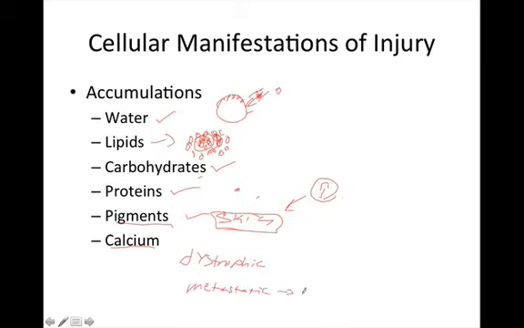Metastatic is caused by generalized hypercalcemia, which can be caused by overactive parathyroid glands, increased intake or absorption of vitamin D and calcium, and so on, or an inability of the kidneys to excrete calcium. Whereas dystrophic calcification is what you see in damaged and dying tissues, the examples we were talking about earlier, where calcium accumulates.